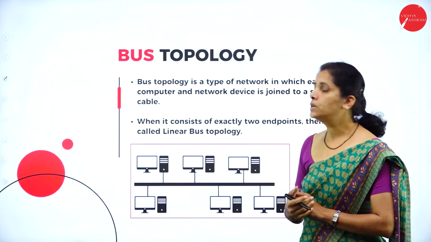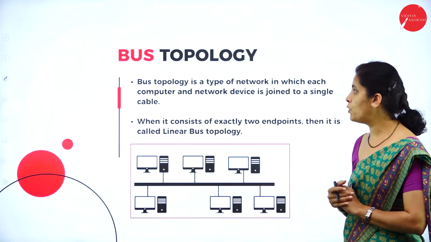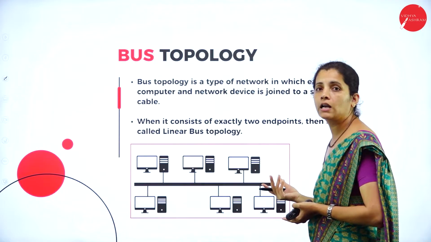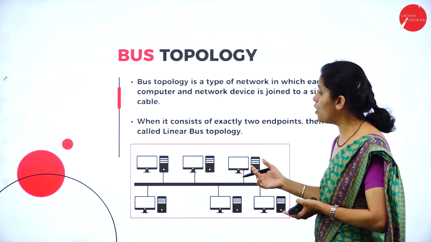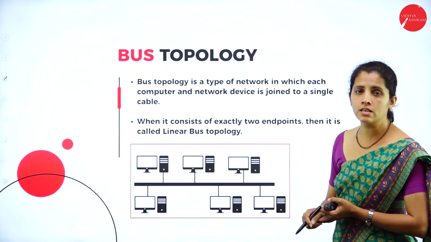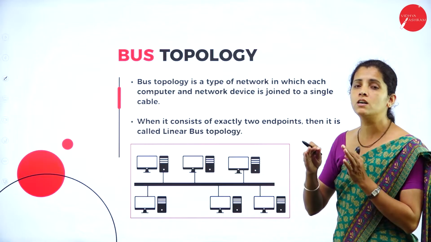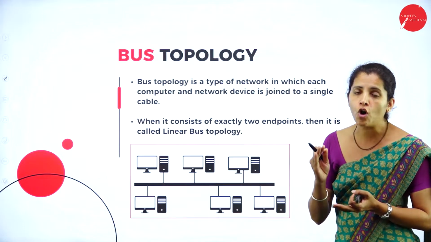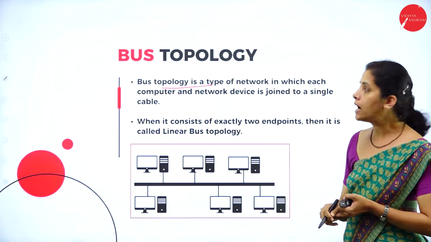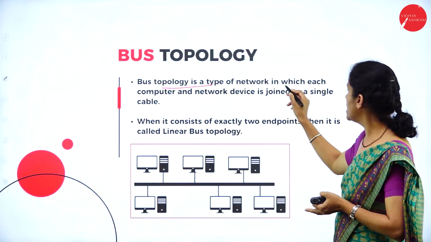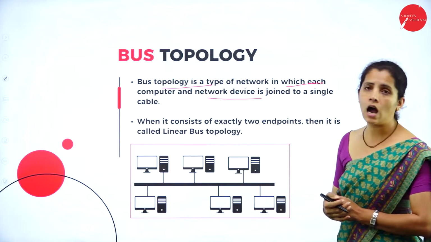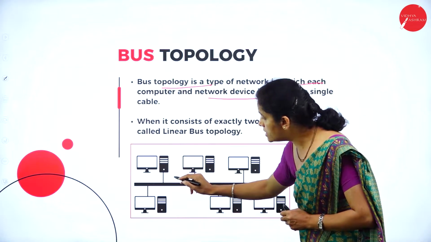Now let me discuss what is bus topology. As the name itself indicates, all the devices are connected linearly. In the sense what? It looks like a bus. Bus topology is the simplest and most commonly used topology. It is a type of network topology in which each computer and network device is joined to a single cable.